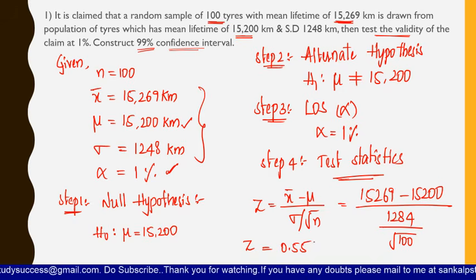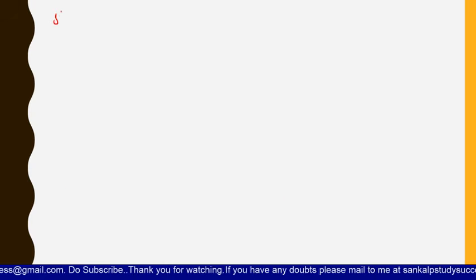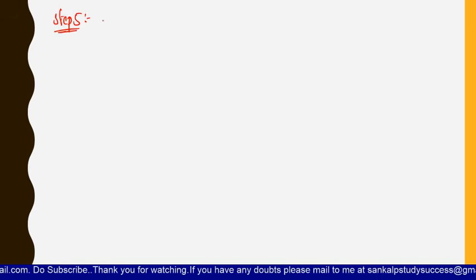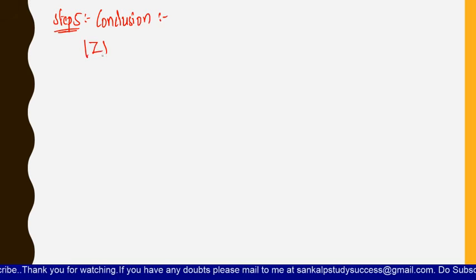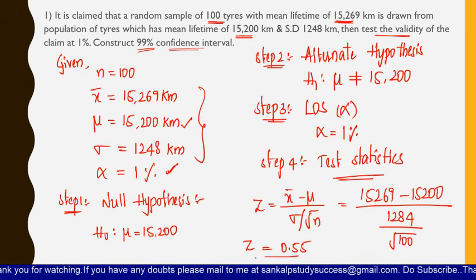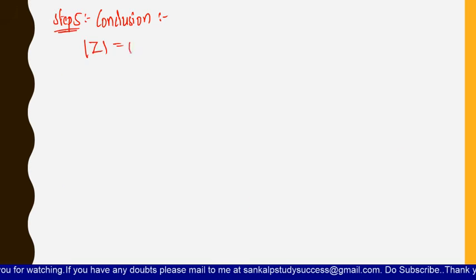Now in step 5 we are going to compare. Step 5 is nothing but the conclusion. Here mod Z value, just now we got it as 0.55. And the Z alpha by 2 value, why are we considering alpha by 2?